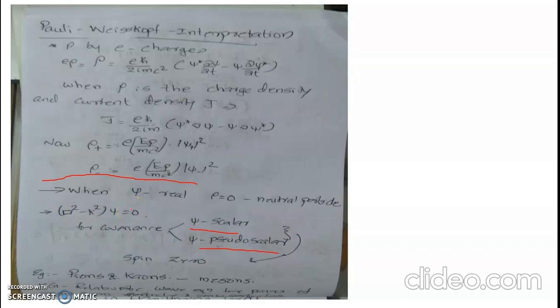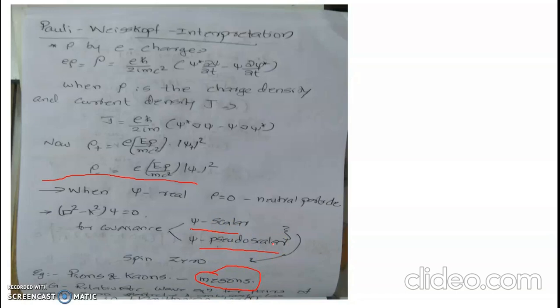We require the equation to satisfy Lorentz covariance. Then ψ can have only two choices: a scalar or a pseudo-scalar. Whatever it may be, there are only mesons that satisfy this kind of wave function, which is either scalar or pseudo-scalar, since they have negative intrinsic parity.